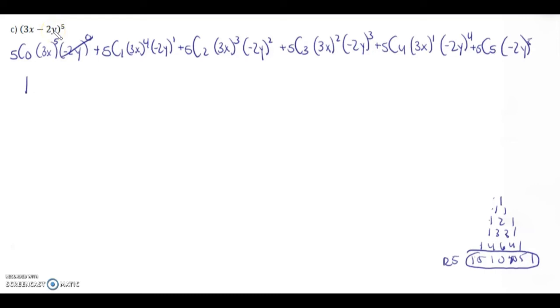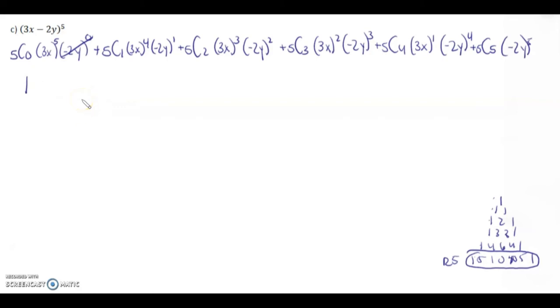I'm going to do this in 2 steps so that it's very, very clear. What we're actually doing is we're doing 3 to the exponent 5, and then we're doing x to the exponent 5. Okay, so that's what that's going to be.